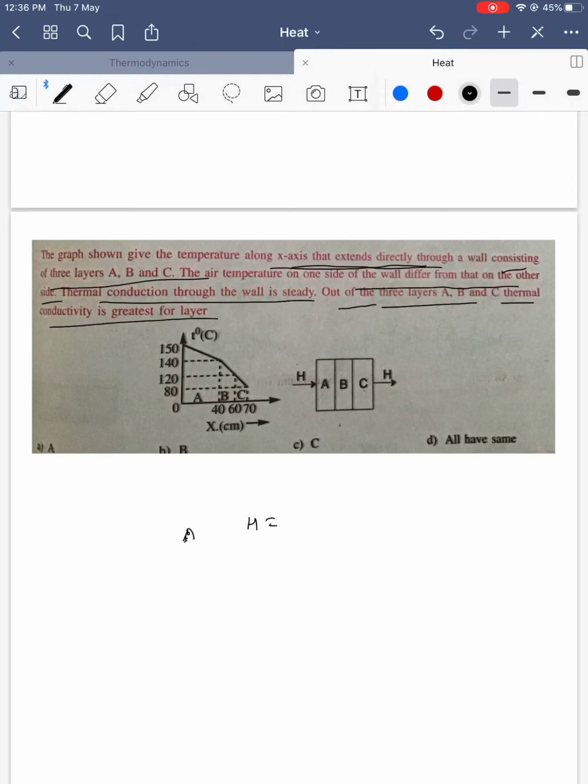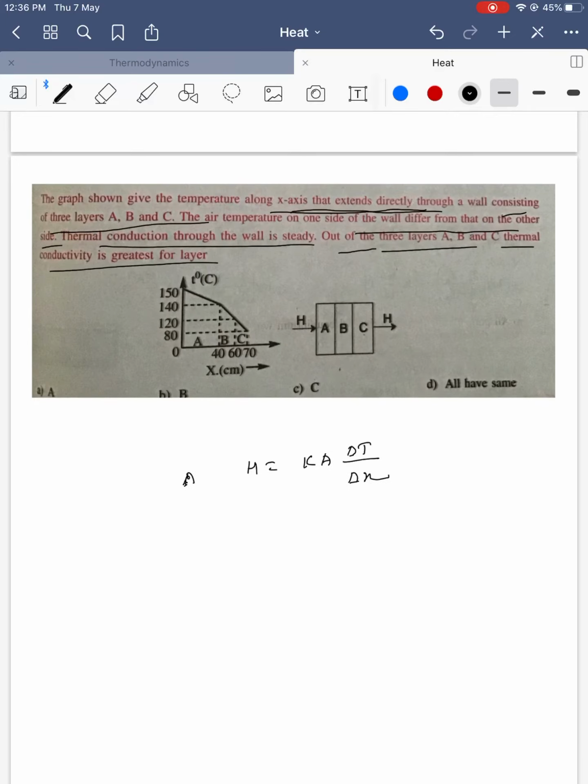Q or H is equal to K A into delta T by delta X, or H is equal to K A dT by dx. Now H remains constant when the layers are in series. Since H remains constant, dT is equal to H by KA into dx.